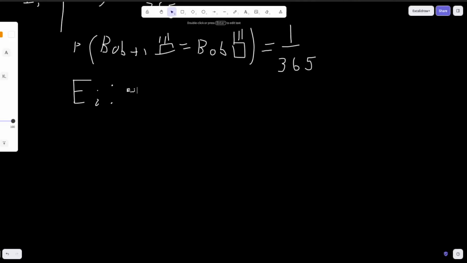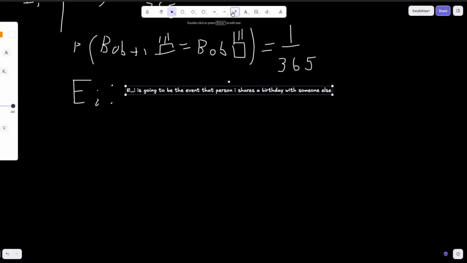E sub i is the event that person i shares a birthday with someone else. Let's go back to thinking about Bob. The probability Bob shares a birthday with Bob plus 1 was 1 over 365, and the probability Bob shares a birthday with Bob plus 2 is also 1 over 365.